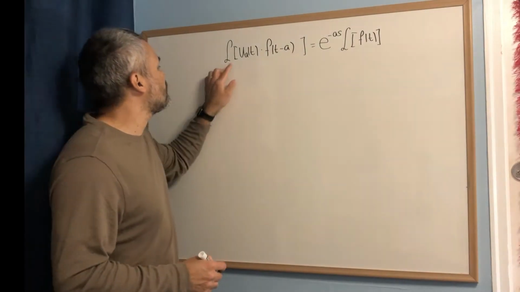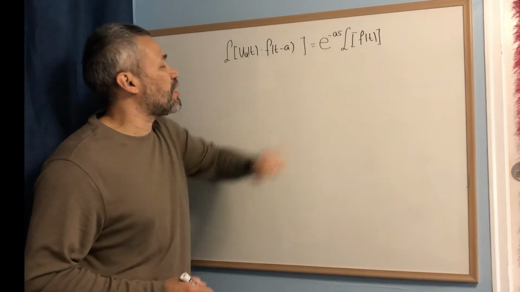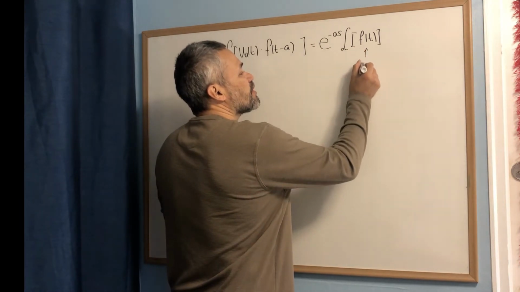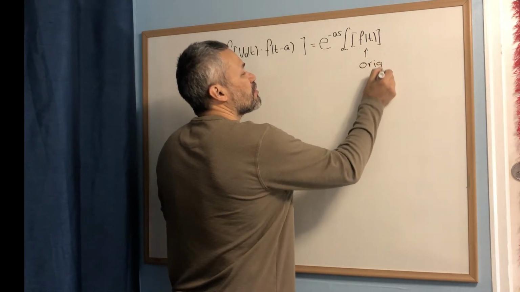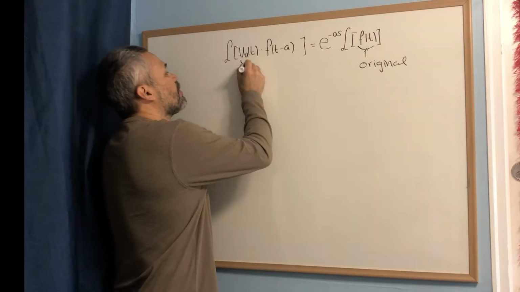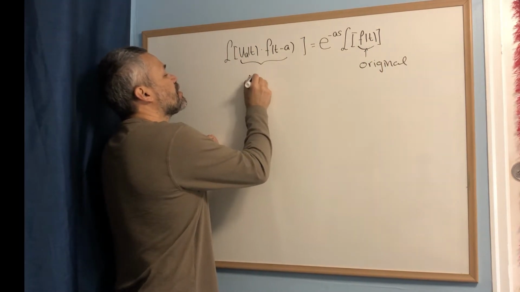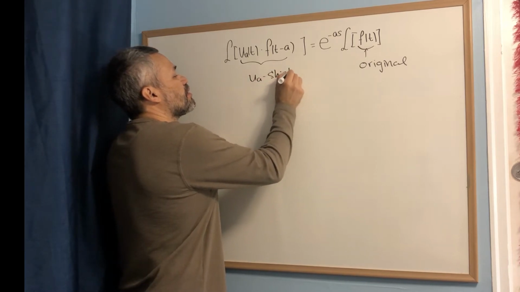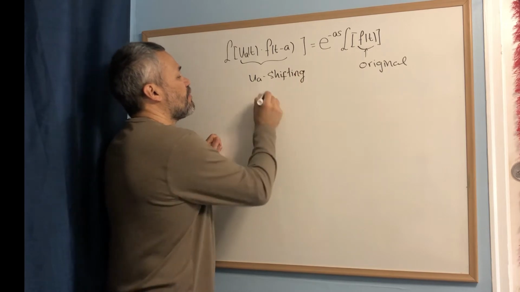In this video, we will do some applications of this formula. Remember that we are calling this function the original function, and we are calling this function the UA shifting of f of t.